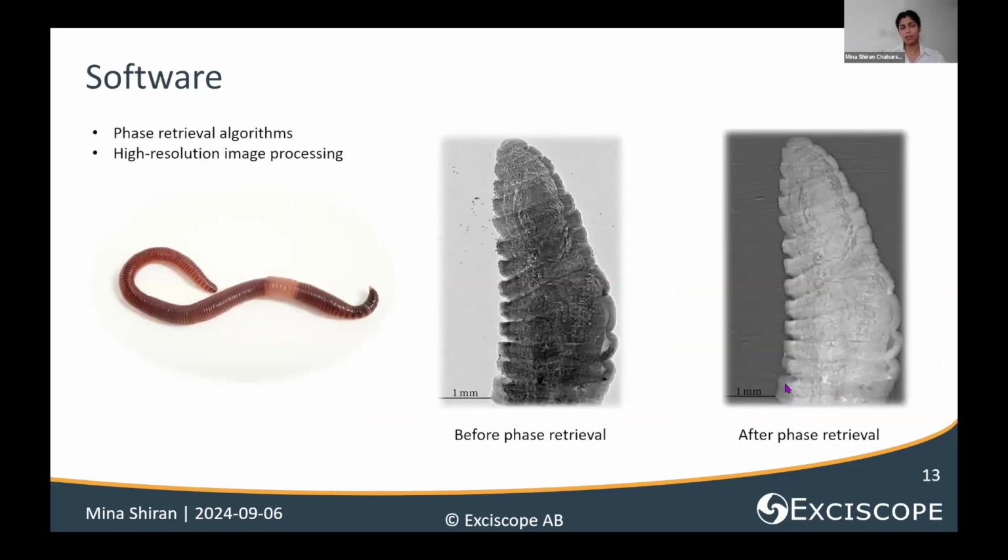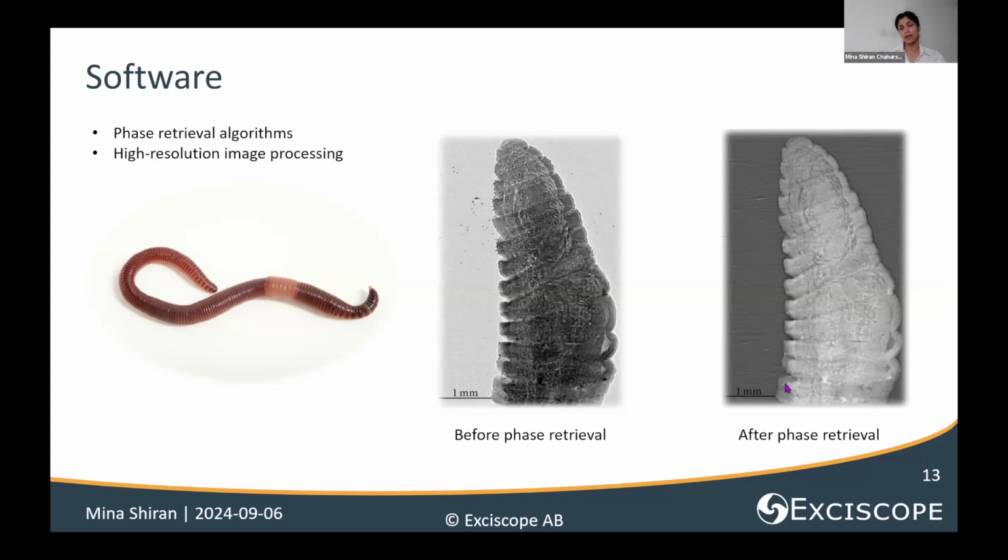Another important case regarding phase contrast imaging is the requirements for the software. There are a lot of requirements, but the two most important ones that I want to share with you are, first, the phase retrieval algorithm. As I mentioned, the detector in the X-ray system gets the information from the alteration in the photons, and this needs to be translated to the phase shift.